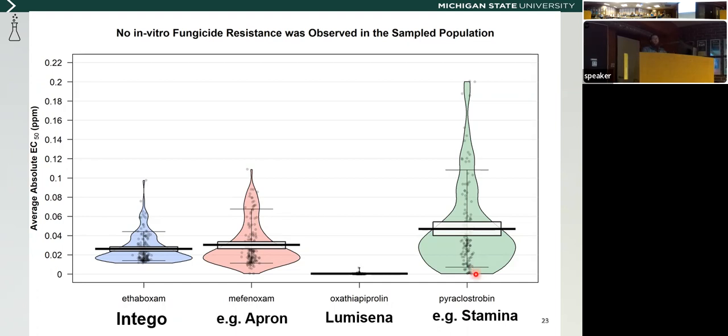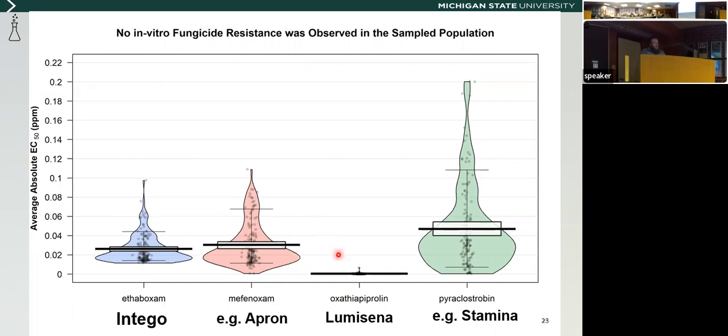Pyraclostrobin, a broad spectrum fungicide, was also efficacious, but had a wider range of EC50 values. The highest EC50 value that we determined was still only 0.2 ppm, so very, very small. And we think that's a sign that there's no fungicide resistance building from what we could sample.